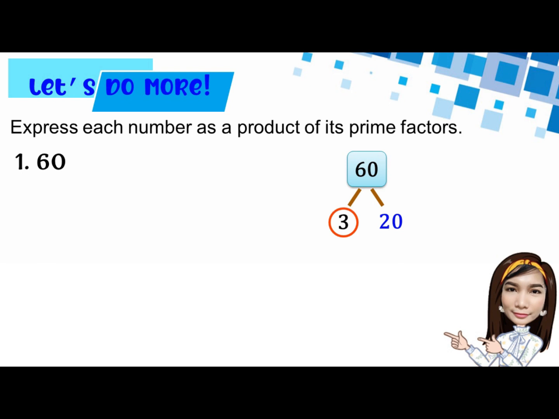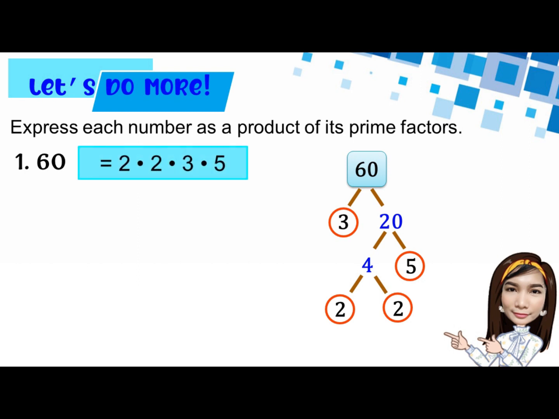Encircle the prime. 20 can be factored by 4 times 5. 5 is a prime. 4 can still be factored by 2 times 2. And they are both primes. So 60 is equal to 2 times 2 times 3 times 5.